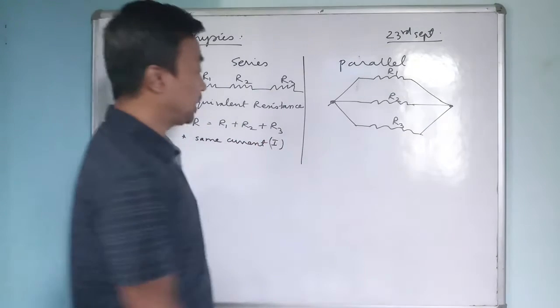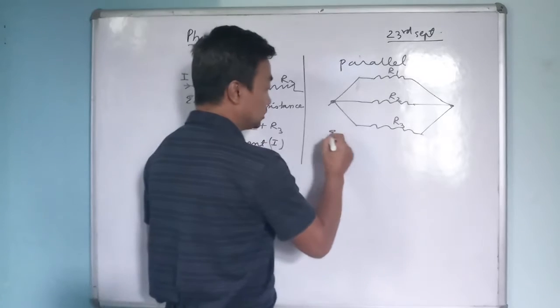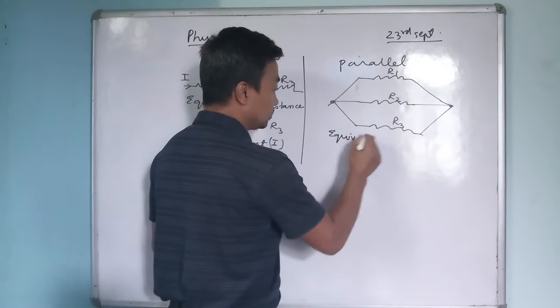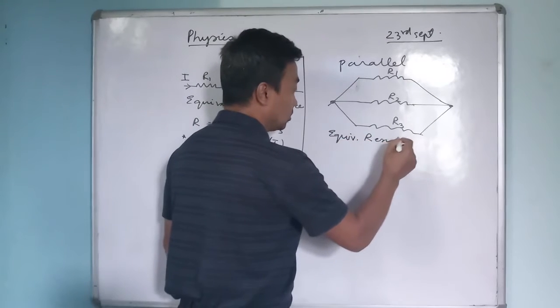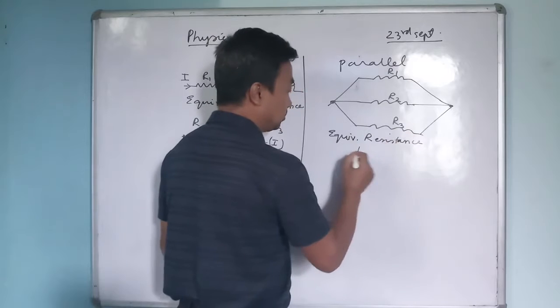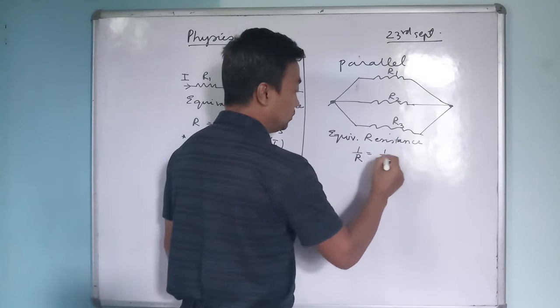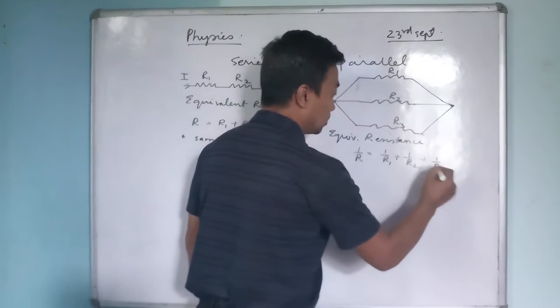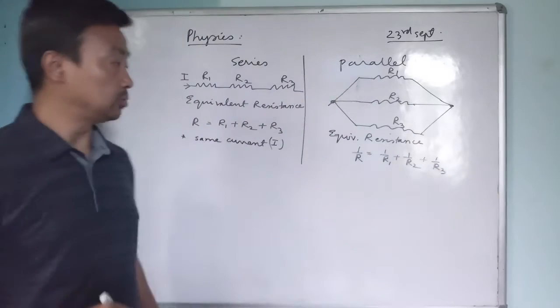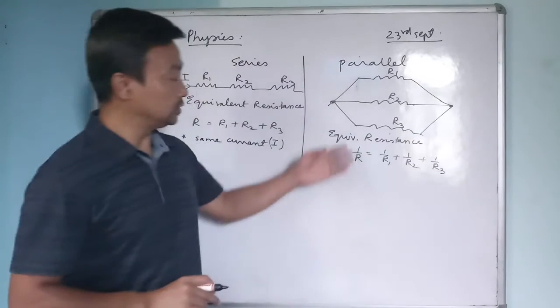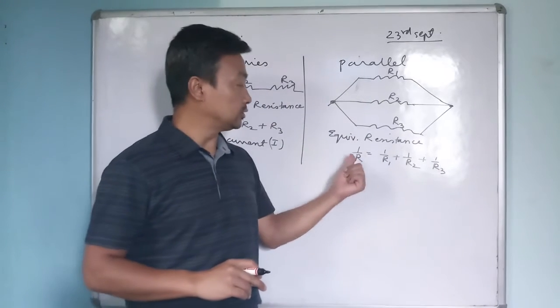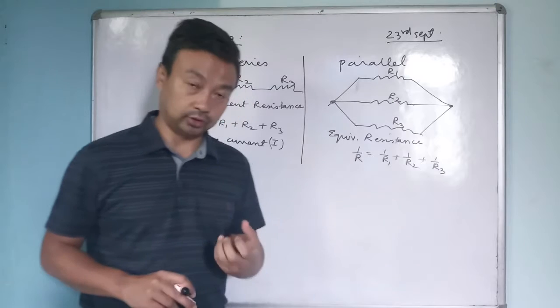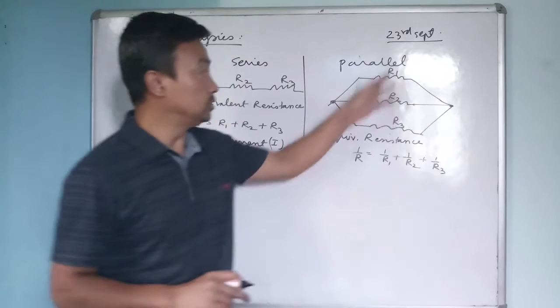In the parallel, the equivalent resistance is given as the sum of the reciprocals of the individual resistances. From the formula, since it is a reciprocal, we find that the equivalent resistance will be less than the individual resistors.